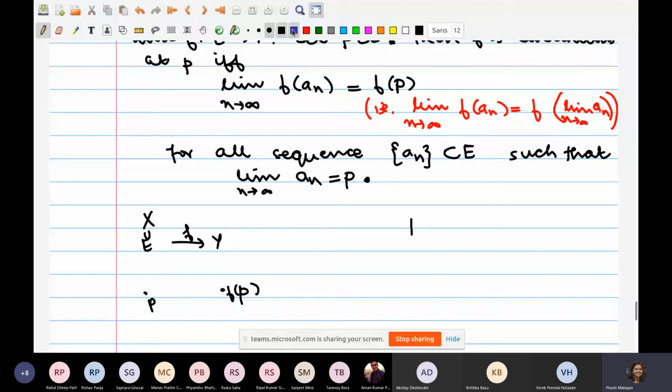No matter what sequence a_n you consider in E, I want f of a_n to be defined, so that is why I would look at sequences only in the set E converging to the point P. The corresponding sequence f of a_n must converge to f of P. And if this happens for every sequence of points in E converging to P, we say that the limit of the function f exists and equals f of P. That means that the function is continuous at the point P.